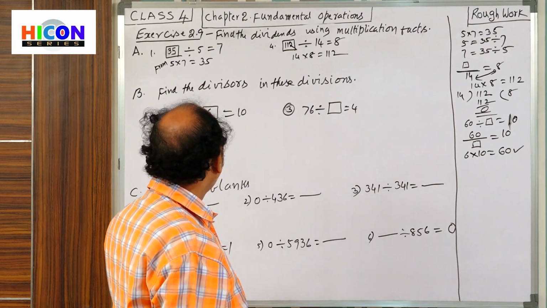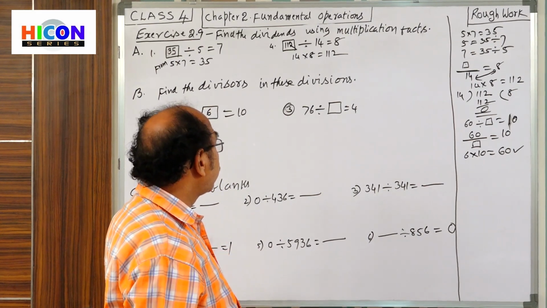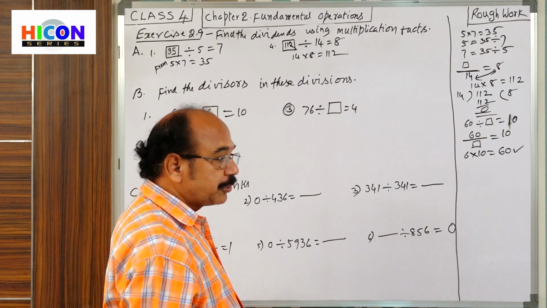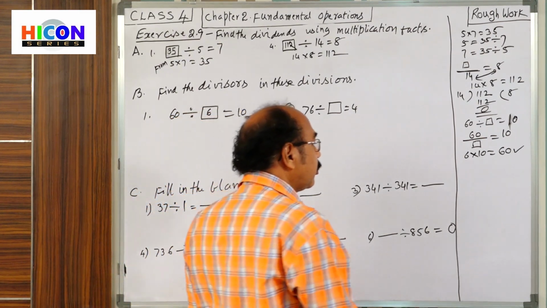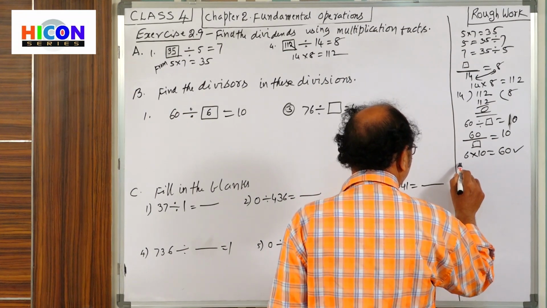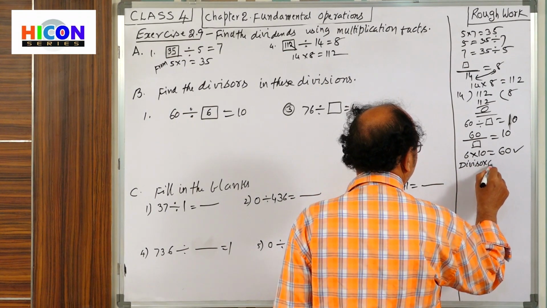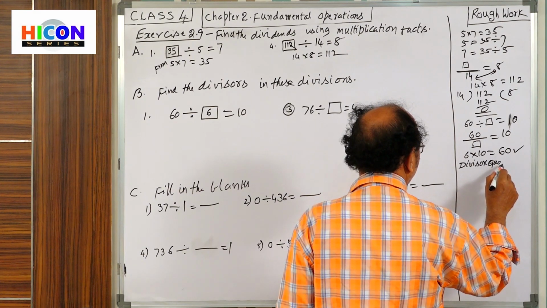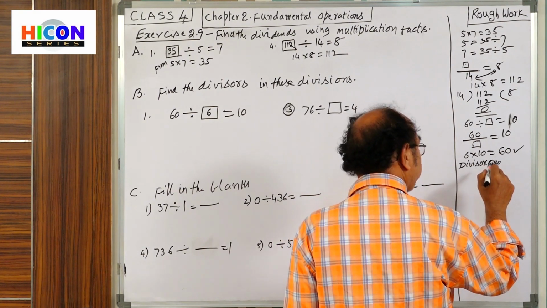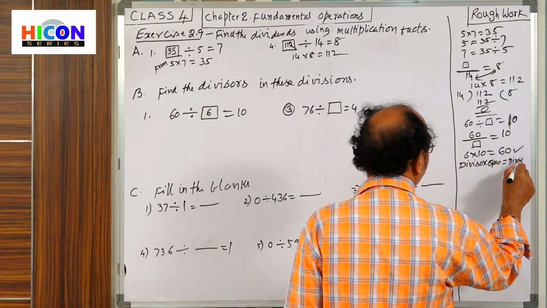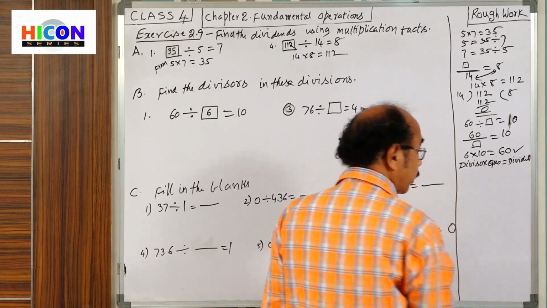And at the same time, we can observe that dividend is equal to divisor into quotient plus remainder. In case of exact division, dividend is equal to divisor into quotient.